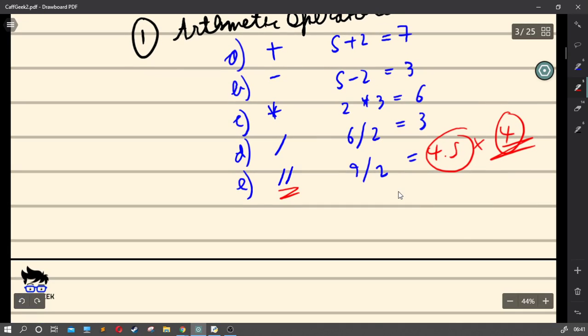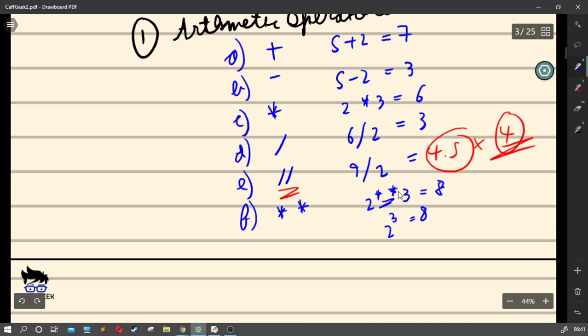There's one more we have. In fact, two more. We have the simple exponent. For example, 2 exponent 3 is 8. It is similar to 2 raised to the power 3, which is also equal to 8.